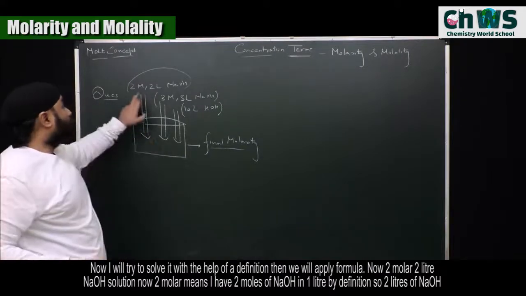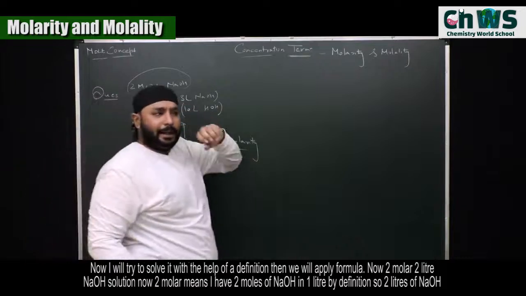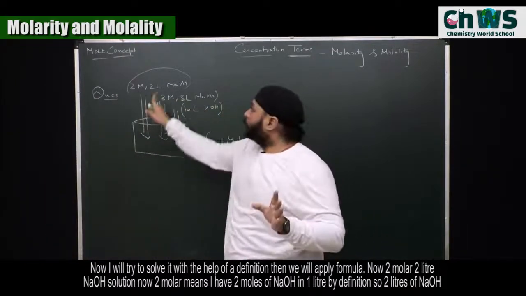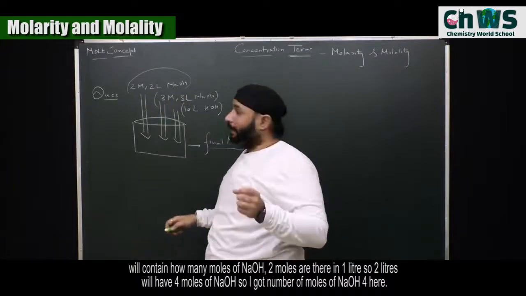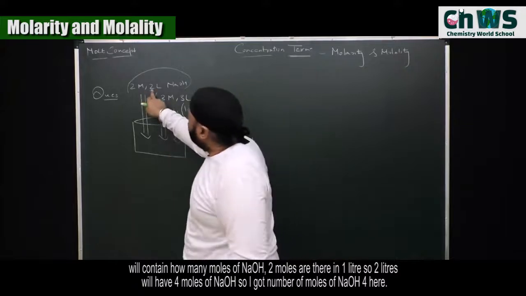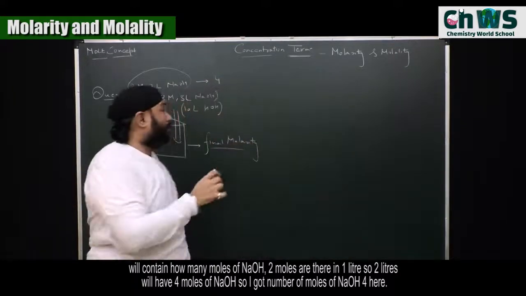Now 2 molar 2 liter NaOH solution. 2 molar means I have 2 moles of NaOH in 1 liter, by definition. So 2 liters of solution will contain how many moles of NaOH? If 2 moles are present in 1 liter, then 2 liters will have 4 moles of NaOH. So I got the number of moles of NaOH as 4 here.